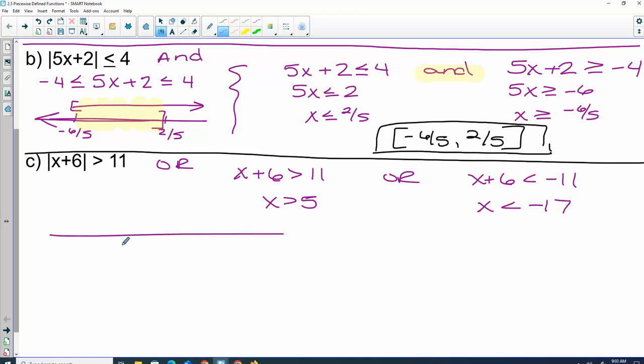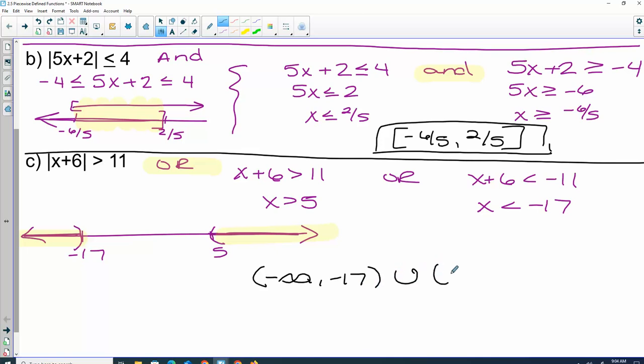If you think about your graph, okay, greater than 5, parentheses because it's not equal to, going to the right, less than -17, so not equal to, so parentheses, going to the left, or says you take anything that gets shaded. So ors should have two separate pieces at the end. You have to give me the interval. So this one's starting at -infinity, going to -17, or this one can start at 5 and go to +infinity.